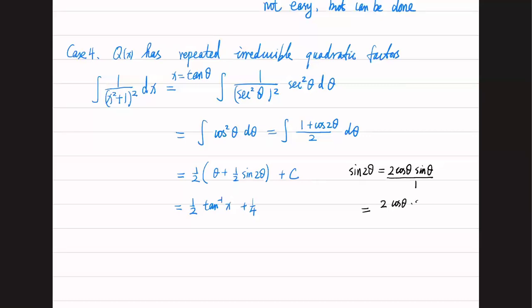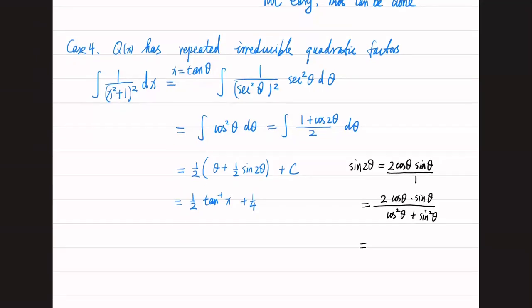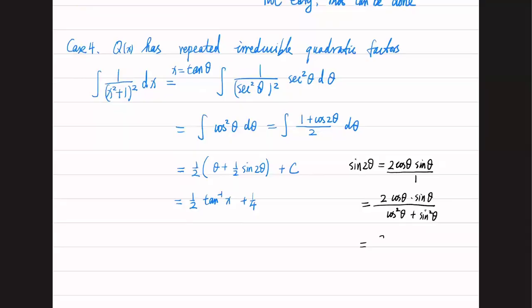use the trig identity, cosine squared plus sine squared. Then I will divide all of them by cosine squared because I'm aiming at tangent. The denominator becomes 1 plus tangent squared, and the numerator 2 tangent.